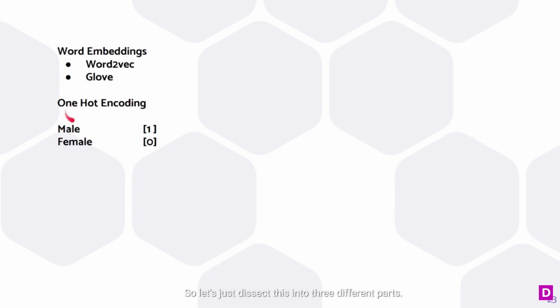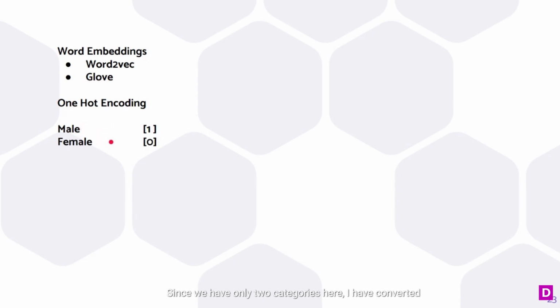Let's dissect this into two parts: one-hot and encoding. One-hot is nothing but picking up textual data and allocating a number, a one-hot number, to that particular text. In other words, we are encoding a particular text into a numerical form.